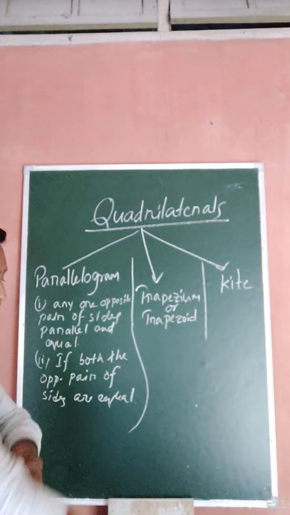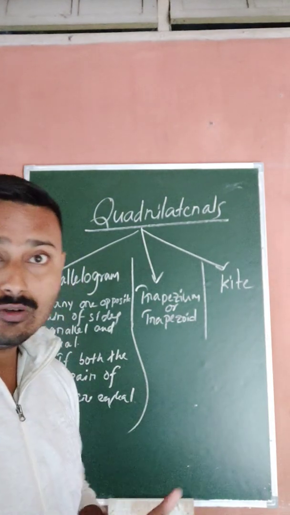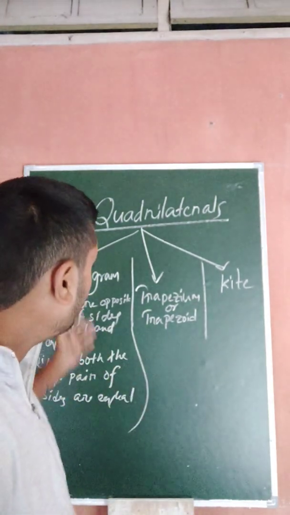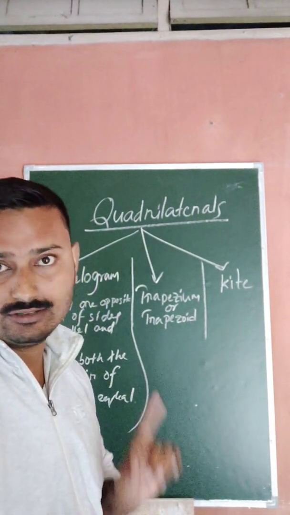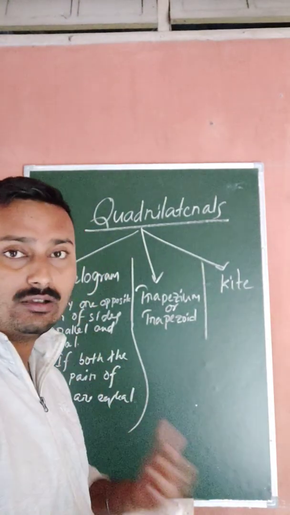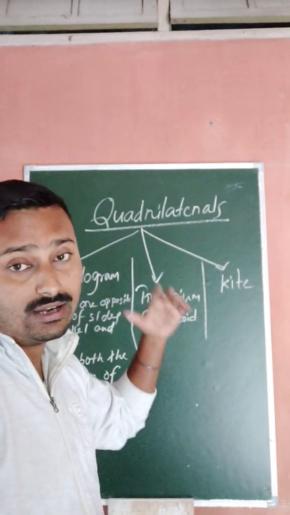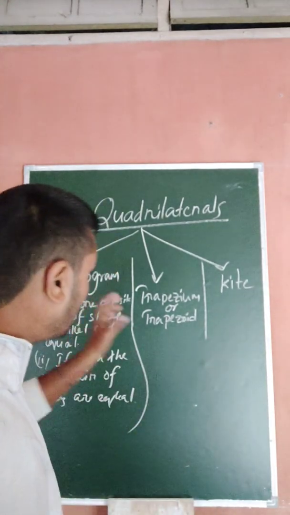So a quadrilateral will be a parallelogram if any one opposite pair of that quadrilateral is equal and parallel. That is one criteria. Or if both the opposite pairs are equal, then that quadrilateral will be a parallelogram. Clear?